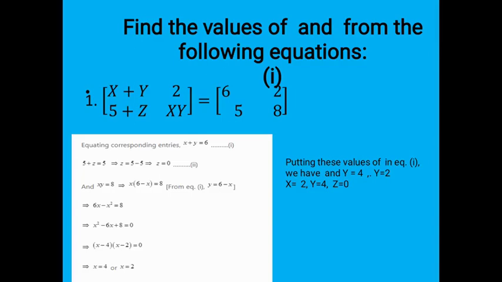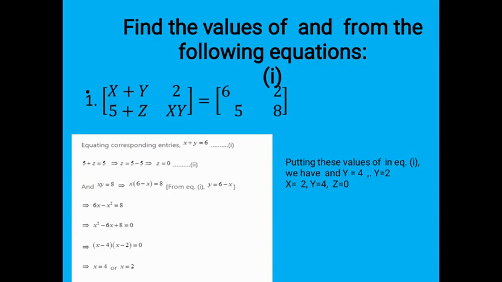So in the place of y, you can put the value of y, which is 6 minus x from equation 1. What is equation 1? That is x plus y is equal to 6. So in the place of y, you can put 6 minus x, that is x into 6 minus x is equal to 8.